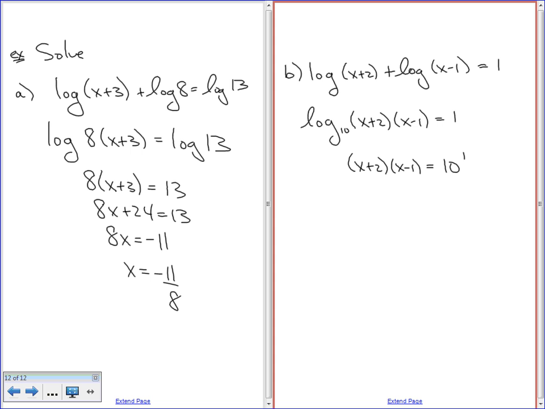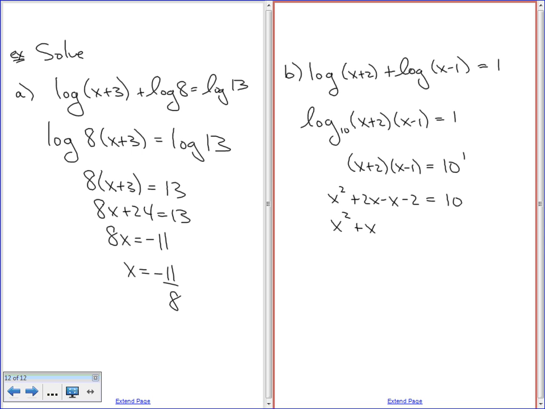Okay, so in order to solve equations, I have to expand out my brackets. 10 to the power of 1 is 10. It's a quadratic. I know it's a quadratic because of the x squared. To solve quadratics, the right side always has to be equal to 0. So I collect like terms.